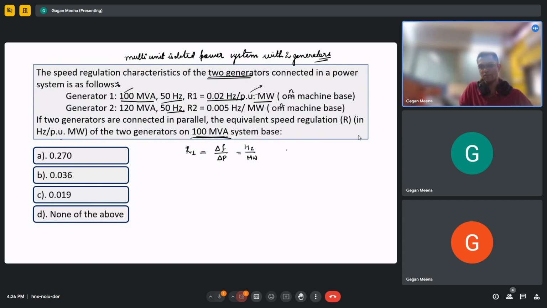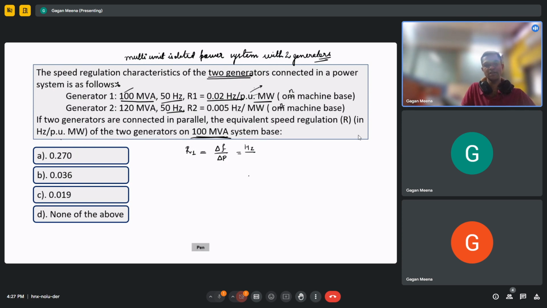We need to divide delta P by the system base. Then it becomes per unit megawatt. What is the system base here? System base is 100 MVA. Machine base is also 100 MVA. So we just need to multiply it by 100 to convert it into actual value.